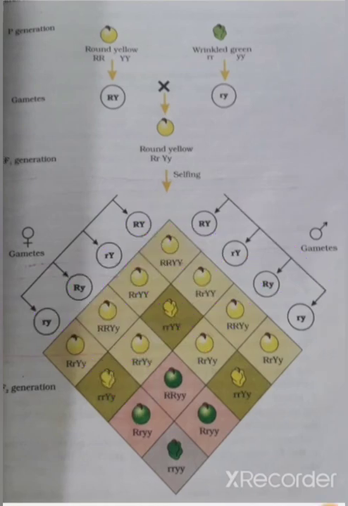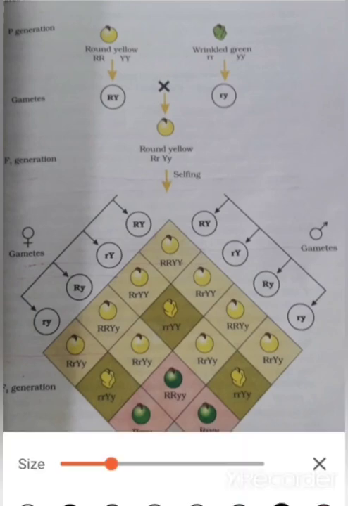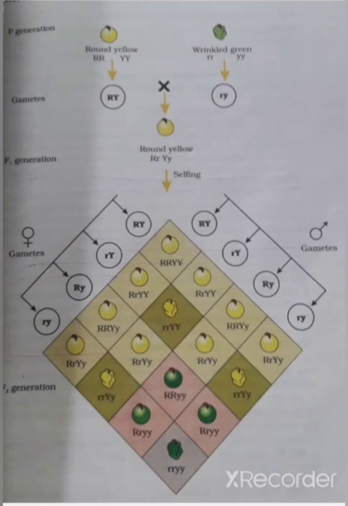Offspring is capital R, small y, small y. That is the round green.